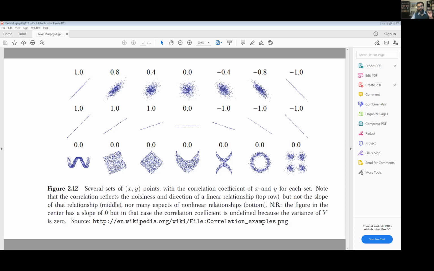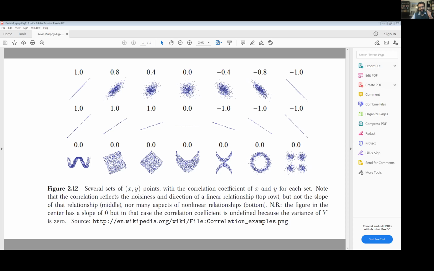And the bottom row is also important, also interesting. For all of these cases in the bottom, the correlation coefficient turns out to be 0, right? And this actually also reaffirms the result that we derived, or the counterexample that we discussed in the last class, which was that uncorrelated random variables may be dependent, right?